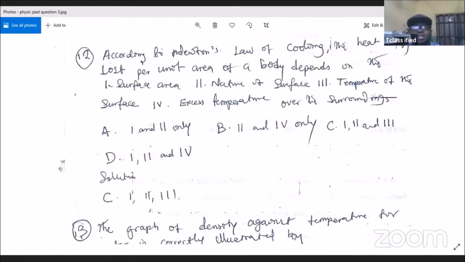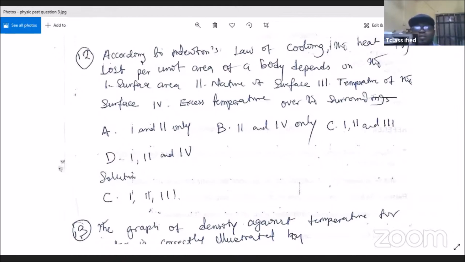According to Newton's law of cooling, the heat energy lost per unit area of a body depends on: 1, surface area; 2, nature of surface; 3, temperature of surface; 4, excess temperature over the surrounding. Option A, 1 and 2 only.